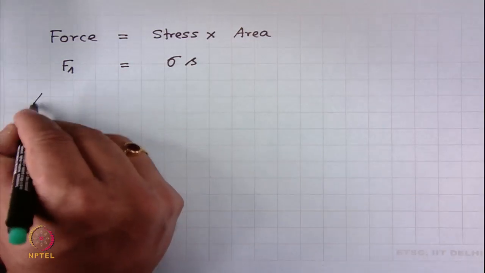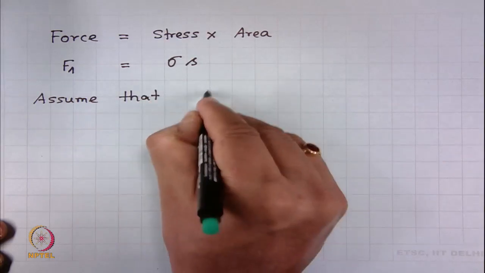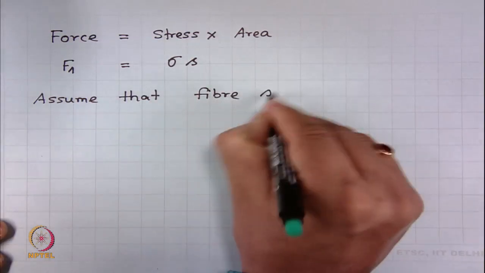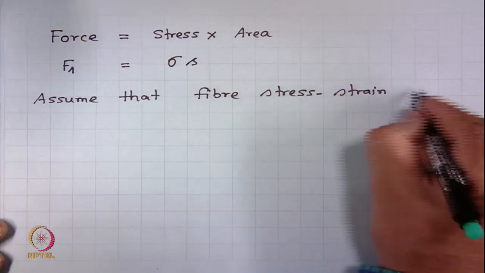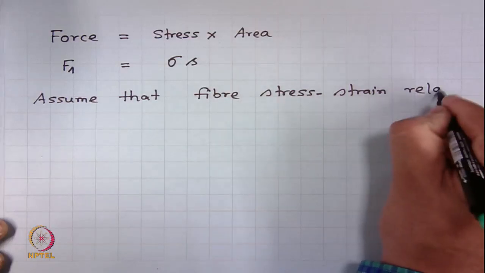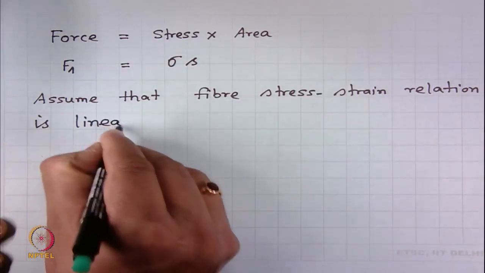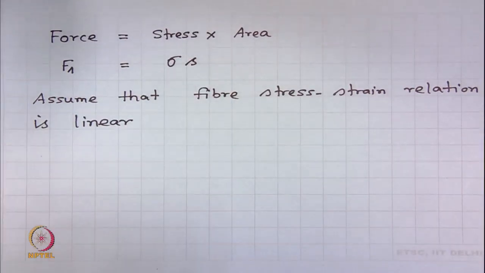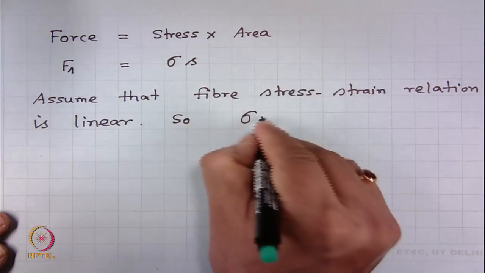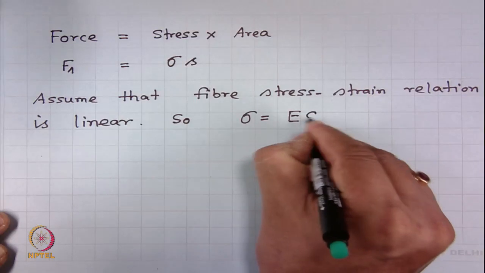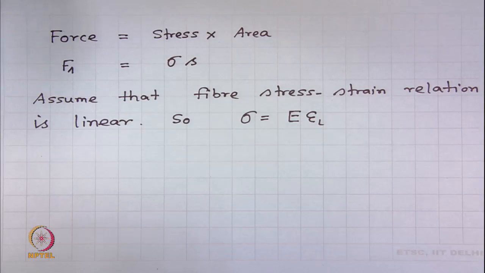We assume that fiber stress strain relation is linear. So, sigma is equal to E times epsilon L, Hooke's law.